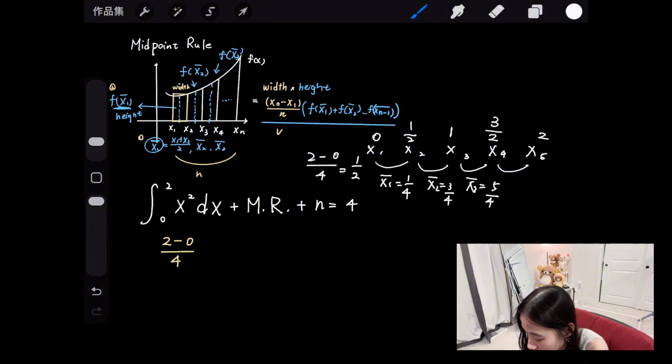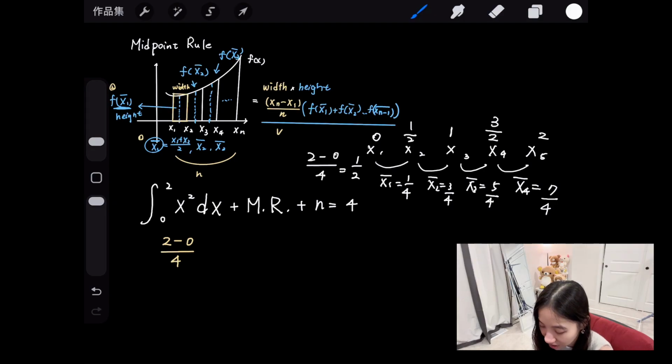Your x4 bar, just 2 plus 2 here, will be 7 over 4.